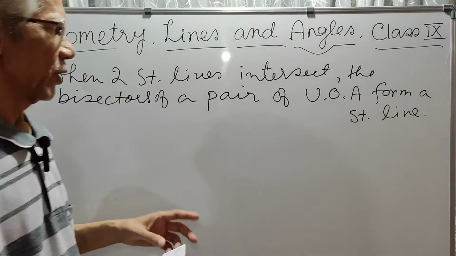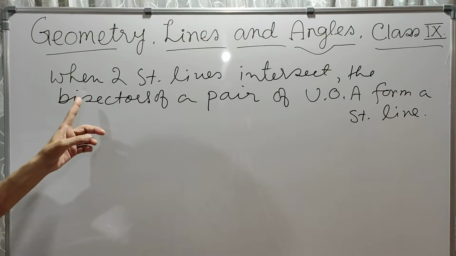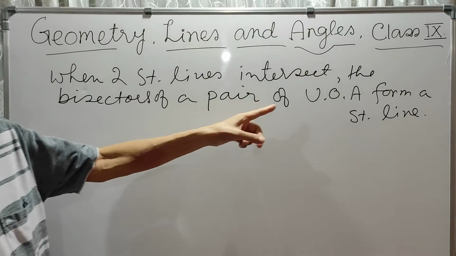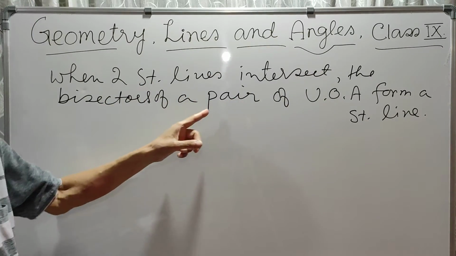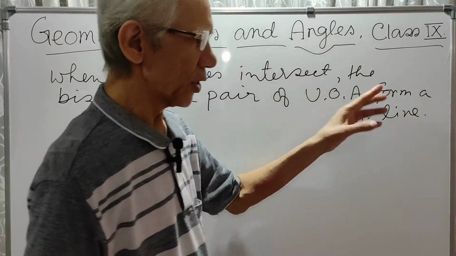Now suppose this question is given to prove that when two straight lines intersect, the bisectors of a pair of vertically opposite angles form a straight line.